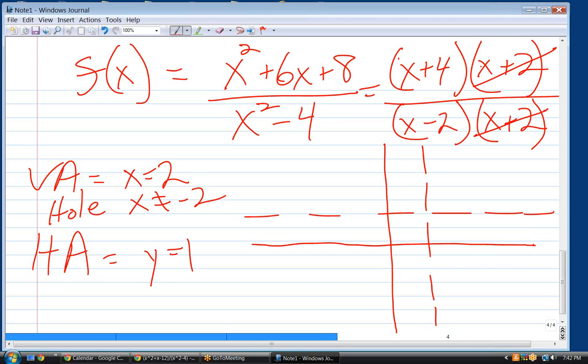X-intercepts, or Y. We'll do it in the same order we've been doing it. Y-intercept: negative 2. Yeah, which is right here. If that's 2, then we have a Y-intercept there.